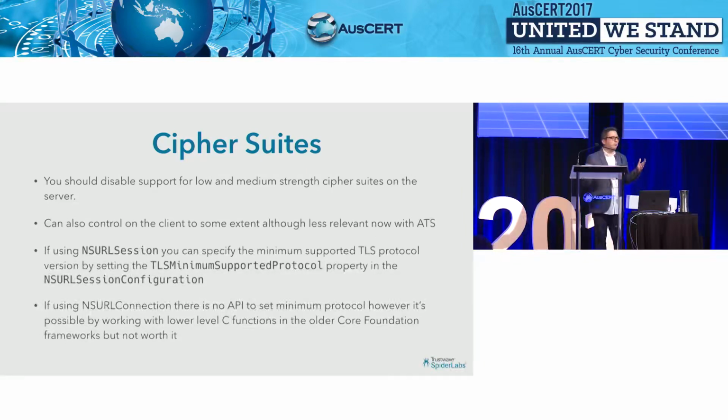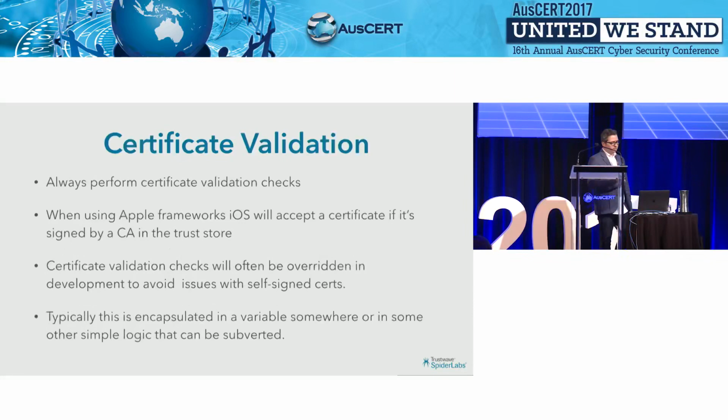But it's probably a bit redundant once you use ATS, right? Once it becomes mandatory. If you're using NSURLConnection, there's no API to set the minimum protocol, but there are lower level C functions in the older Core Foundation framework, but it's not worth it, especially with ATS.